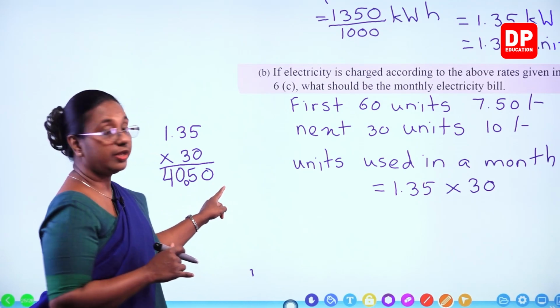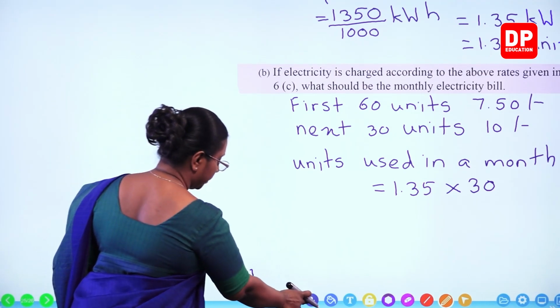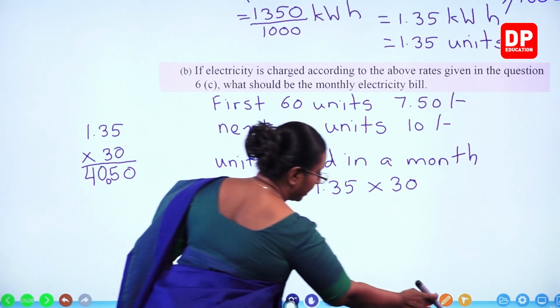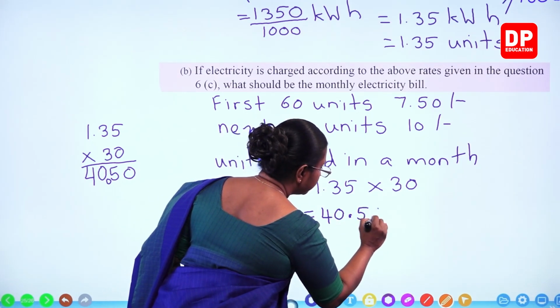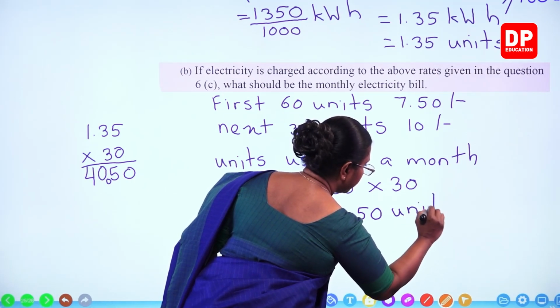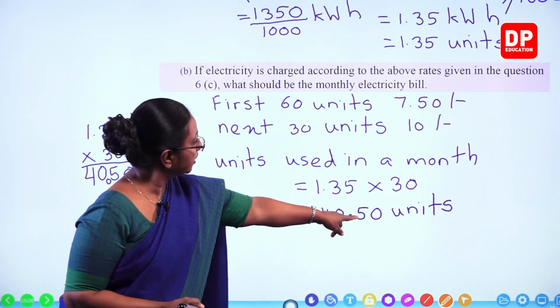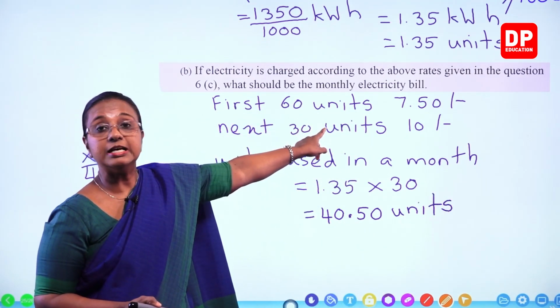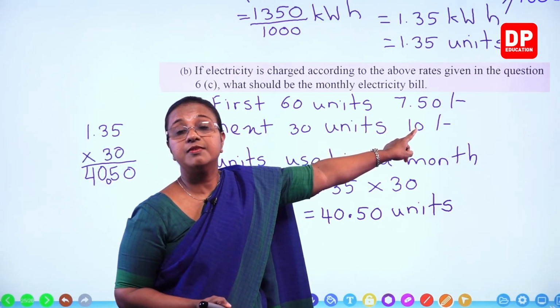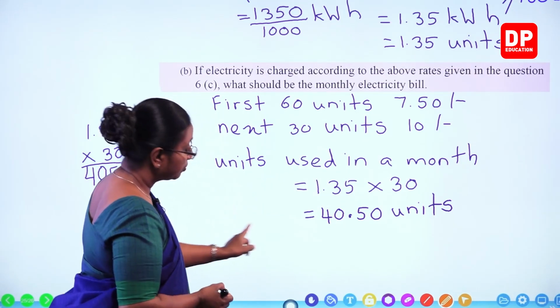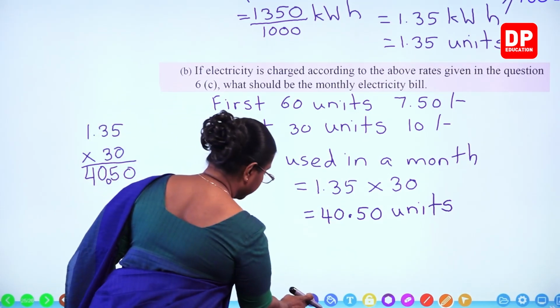So the value is going to be 40.50. So here the number of units are 40.50 units. So 40.50 comes within the first 60 units. First 60 units at a rate of 7 rupees 50 cents. So that is how we calculate the charge.